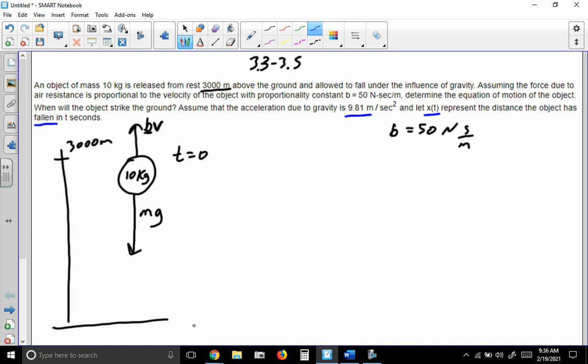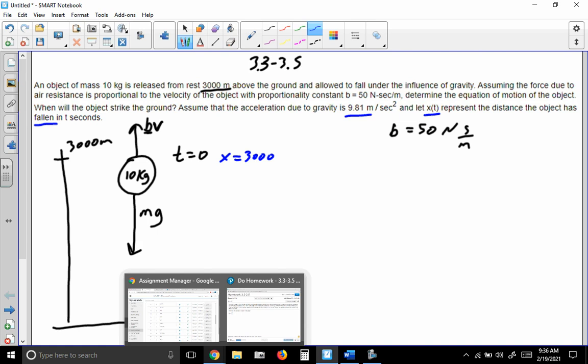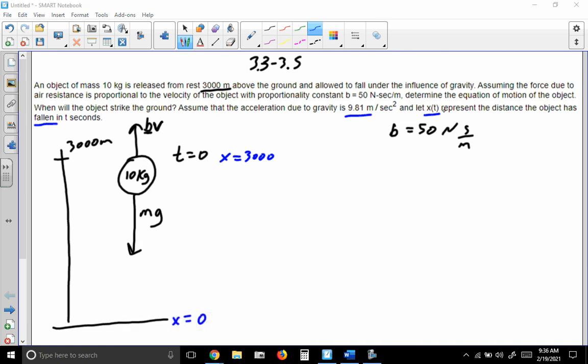Now, if x of t is going to represent the distance it's falling, we have to be conscious of what that means. So often we would set a coordinate system up where the height at the ground is 0, the height where it is released is 3,000 meters. But that would actually be backwards if x of t represents the distance it has fallen.